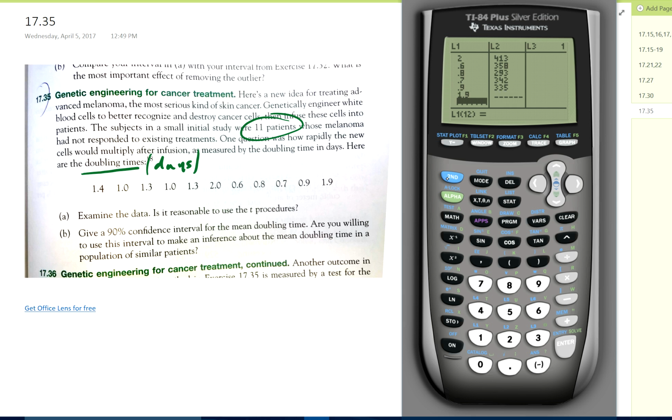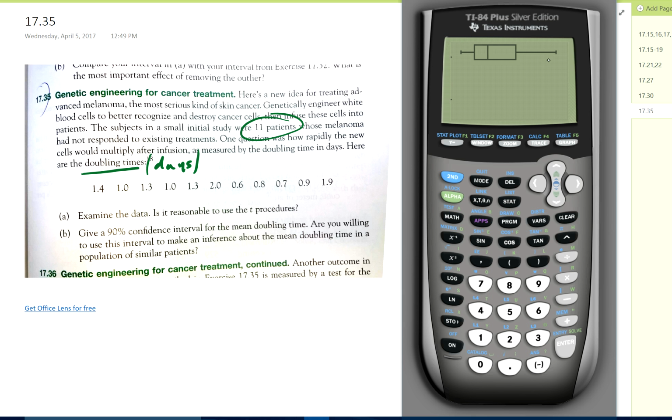Okay, so I'm going to go to stat plot and do a box plot. It's all set up. So we're going to go zoom 9. Enter. Okay, so there it is.